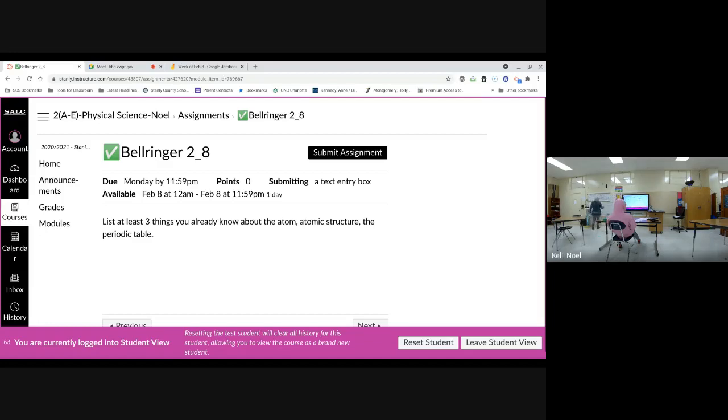All right, the atom is the building block of matter. So all matter is made up of atoms, even you.